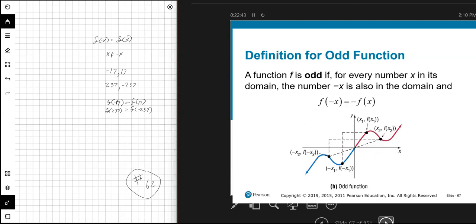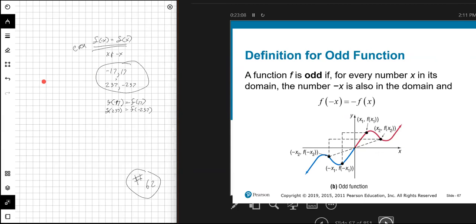Now, for an odd function, for every number x in the domain, the number negative x is also in the domain. So it's the same situation that we talked about with the even functions. However, the equation is different. So this was for even.